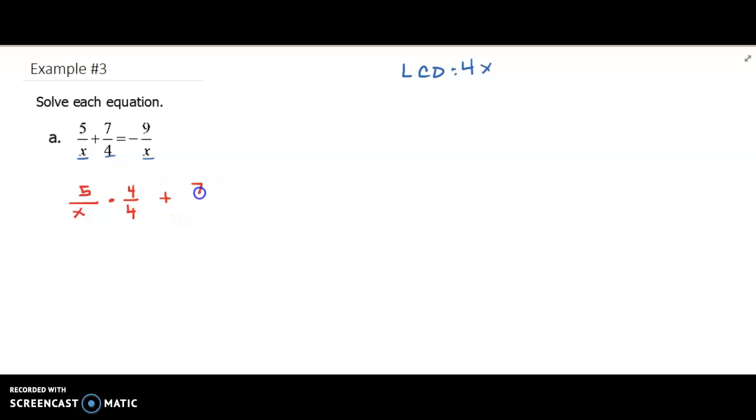Then I'm going to add 7 over 4, and to get my denominator to 4x, I'll multiply by x over x. And that equals negative 9 over x, and to get that to 4x, I'd multiply by 4 over 4.